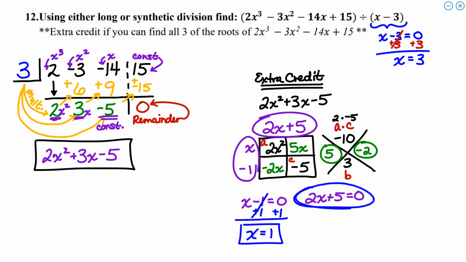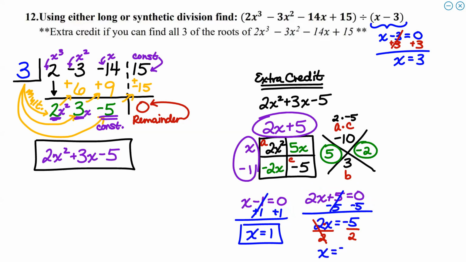What do I do here to solve this one for x? Subtract 5 from both sides. So 2x equals -5. And then what? Divide both sides by 2. Those are being multiplied, so I get rid of it with division. So x equals -5 over 2.